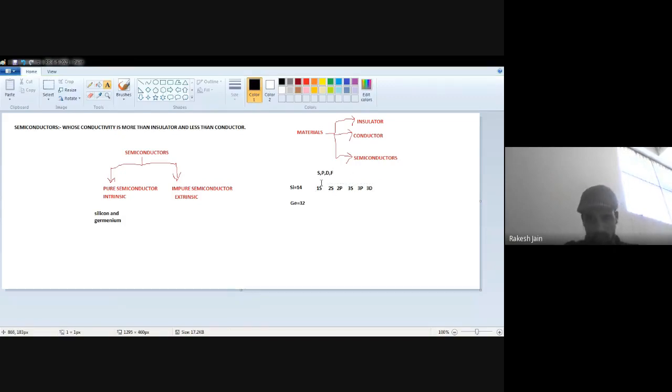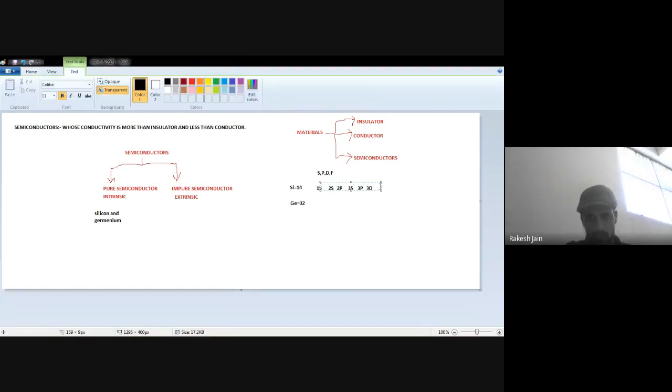Now I put the number of electrons in those cells. The maximum number of electrons in an s orbital is 2. In the second orbit, s holds 2 and p has a maximum capacity of 6.